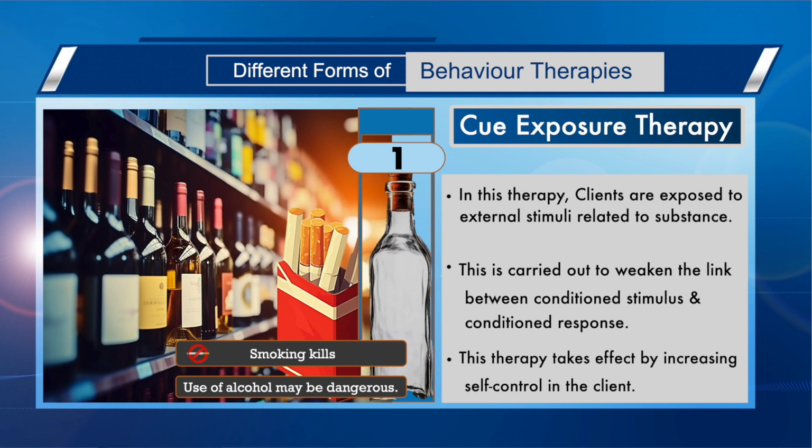So, this is carried out to weaken the link between conditioned stimulus and conditioned response. This therapy takes effect by increasing self control in the client with each unreinforced exposure of the stimulus. So, the main goal of this approach is to extinguish learned responses to drug cues which have been learned by the client previously.